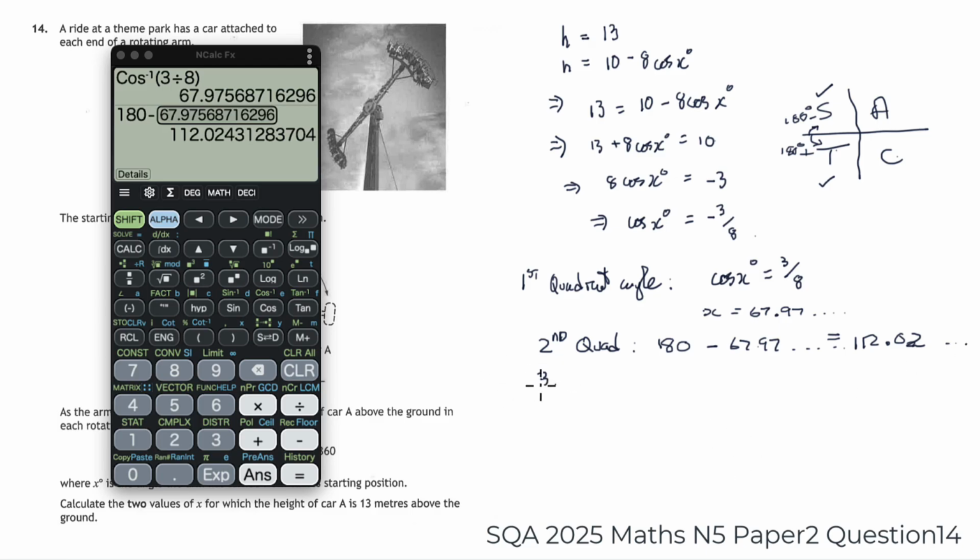And the third quadrant angle, we can't use ans because ans would give us 112 there, so we'll just need to type in the 67.97.